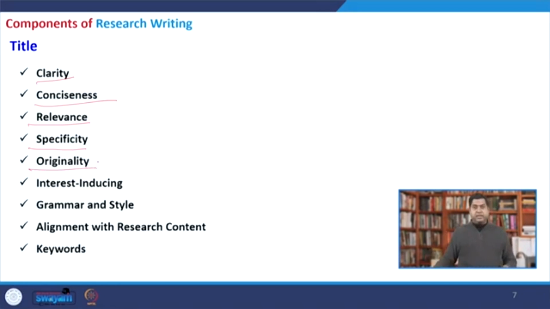Then originality is very important. It should not be that a similar title is already there, right? So how will you check it? We have so many search engines available, and I'll also show you in our coming lectures the different research search engines. One of them, maybe just search your title in Google.